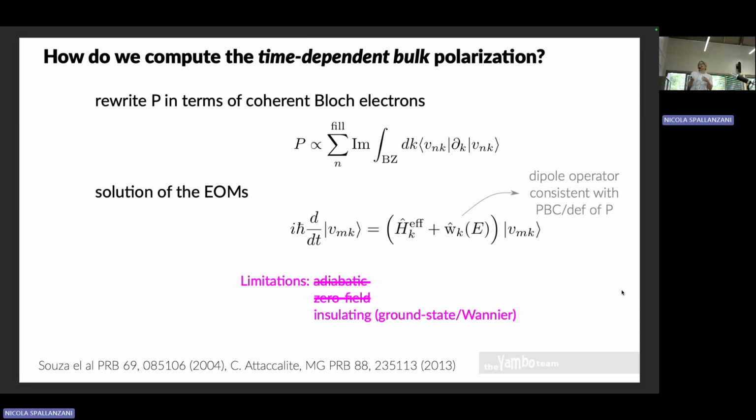So you should be able to get Wannier states from your system. If not, of course, the theory is not valid.